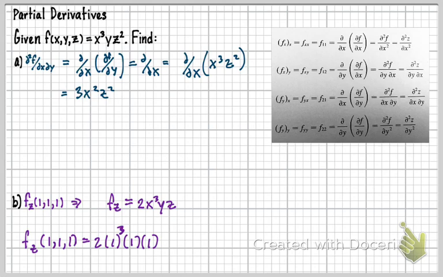That's really what I should have written here. And this is going to equal 2. Because this is saying I want f of z when I plug in (1, 1, 1) as my point. So this is our answer for this one. So yeah, I should have written this first. So that's our answers for these.